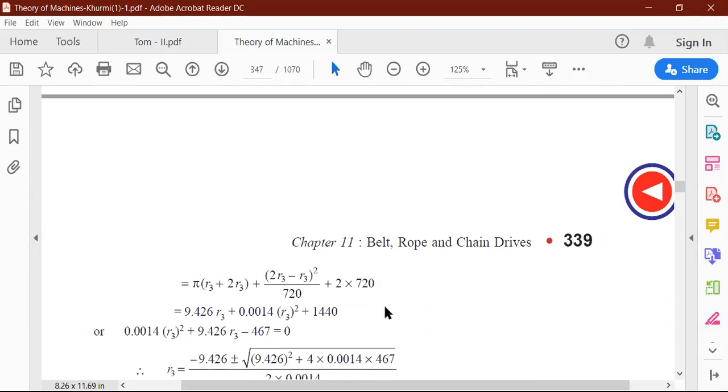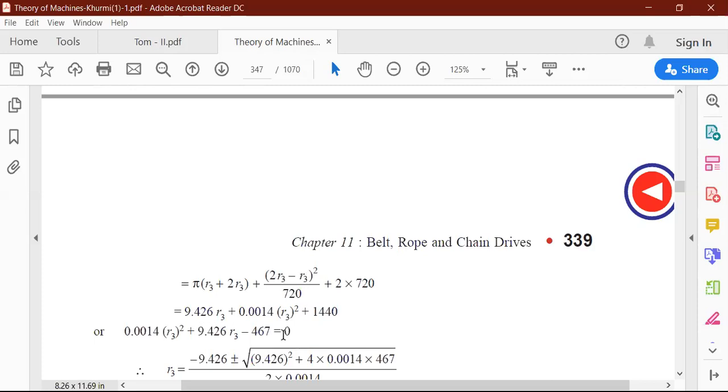Okay. Now solve this. So R3 plus twice R3 is your 3R3. Okay. So if we multiply this 3 with this pi, that is 3.14, we get the value 9.426 R3. Here 2R3 minus R3 is simply R3, and divided by 720. So reciprocal of 1 divided by 720 is 0.0014, and R3 bracket square as it is, plus 720 multiplied by 2 is 1440.